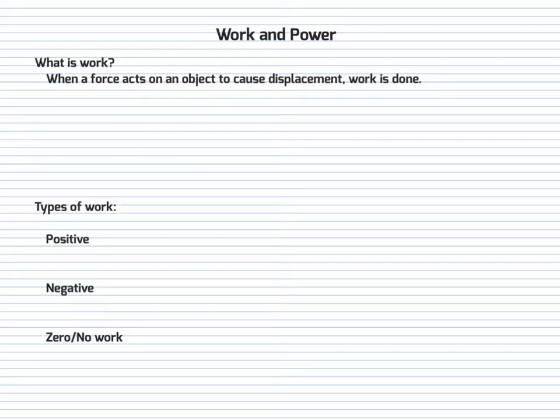Now, just like anything in physics, we have a mathematical definition as well, where we're going to say work is equal to a force parallel, and that force parallel is key, times a displacement.